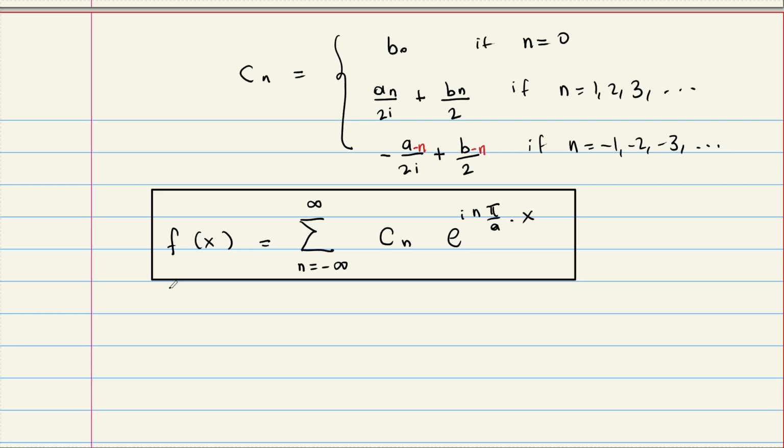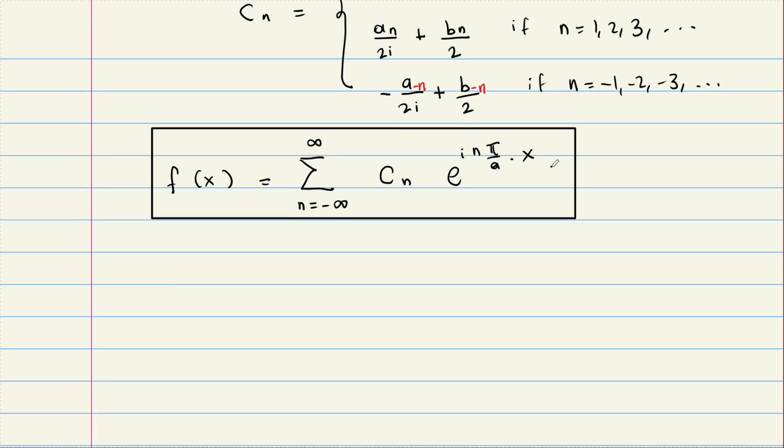So now what we are going to do is multiply both sides with e to the minus i m pi over a x and integrate. That's the Fourier trick. So multiply with e to the minus i m pi over a x and integrate from minus a to a dx.